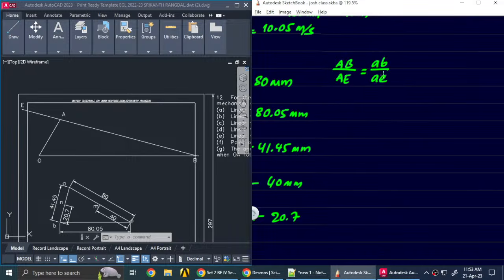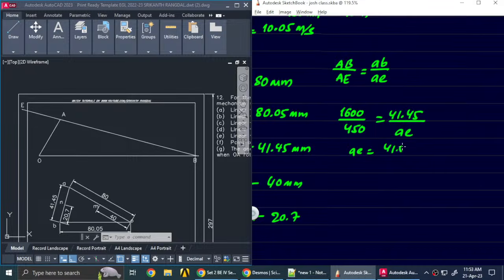Capital AB length we know is 1600, and capital AE length we know is 450, and small ab length we have measured is 41.45, and small ae length is what we are interested in finding.